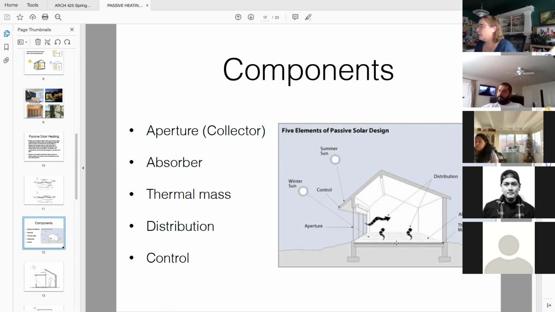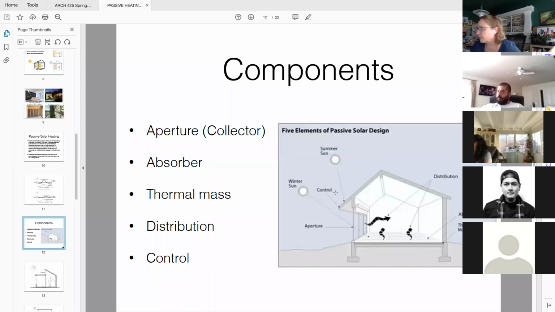And then you need your distribution, and that's going to be your natural convection, that the thermal mass is going to absorb the solar heat gain and re-radiate it to the space when the air temperature is less than the temperature of the mass, which the whole point is to let that happen when you're in a colder season and that air temperature is lower.